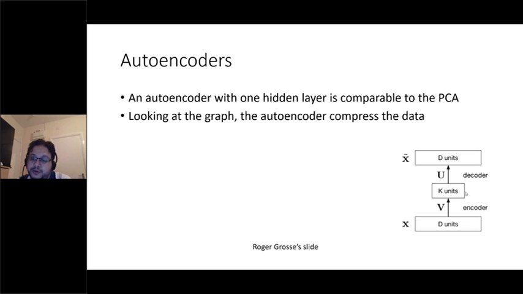What the PCA produces is very similar to what an autoencoder of one hidden layer produces. That was a clear observation in many cases. When we have more layers, of course, we have a better representation. But with one single layer, it is equivalent, more or less, to the PCA. Okay? Still happy so far?